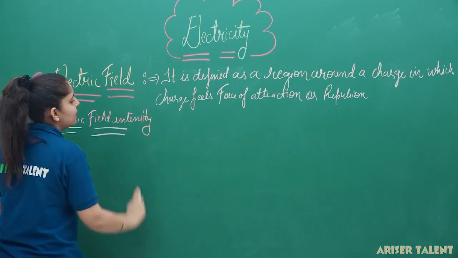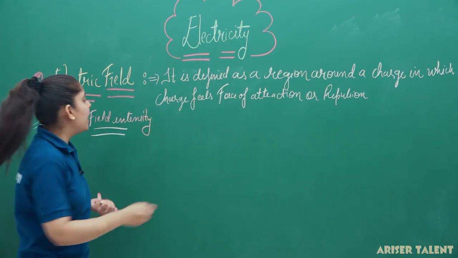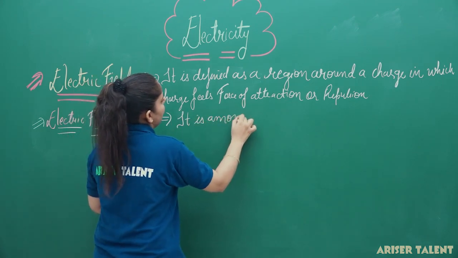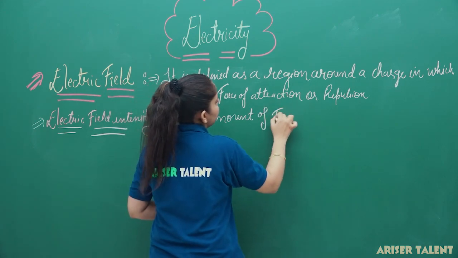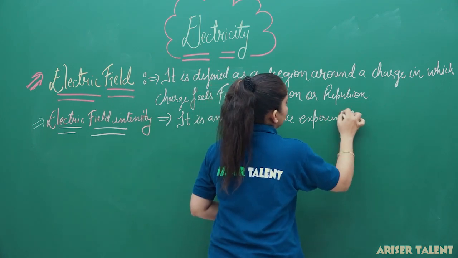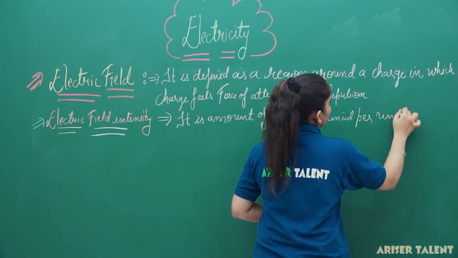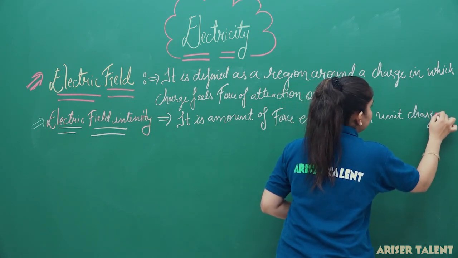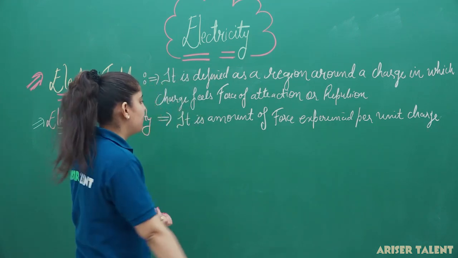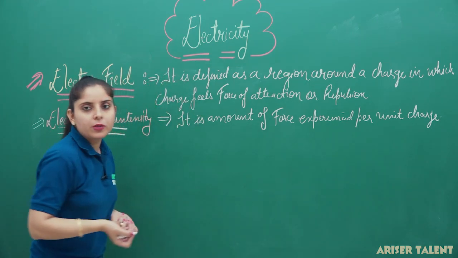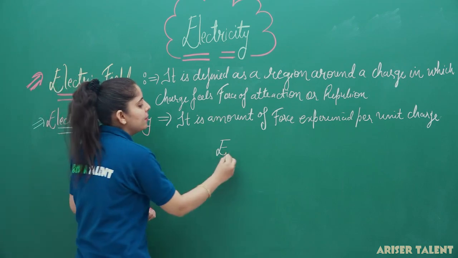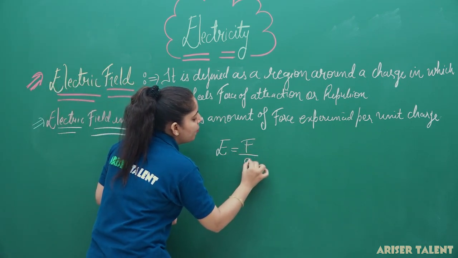Electric field intensity is the force experienced per unit charge. It means the amount of force experienced per unit charge. How much force any charge experienced is called its electric field intensity. Now, the electric field intensity, suppose I am taking a symbol E here, this E will be written as F upon Q naught.